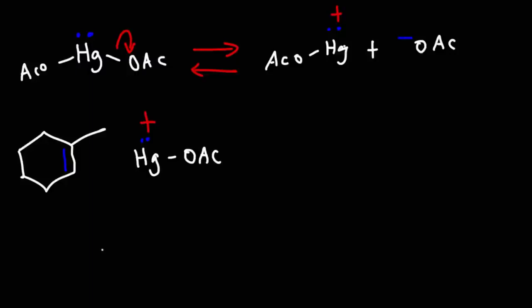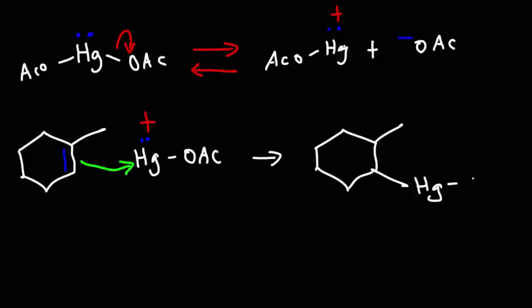The alkene is going to be the nucleophile. And so we're going to draw the arrow from the nucleophile to the electrophile. Now the mercury atom is going to go on the less substituted carbon of the double bond. That is, it's going to go on the secondary carbon. And initially, we're going to have a plus charge here.